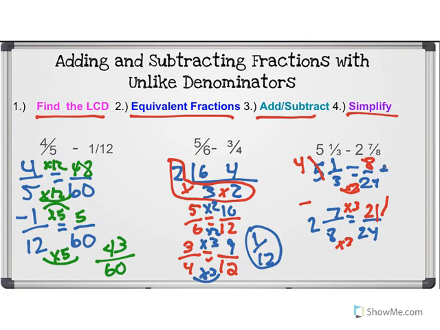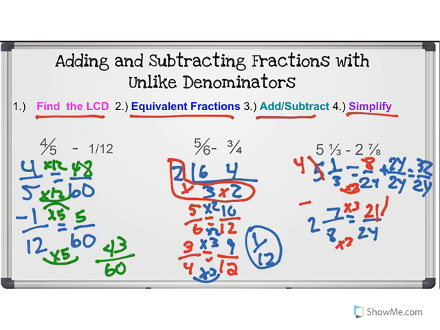Since my denominator in this case is 24, I'm just going to write 24 over 24 because that equals one whole. And now I can just add 24 plus 8 to make my numerator bigger. 24 plus 8 is 32.